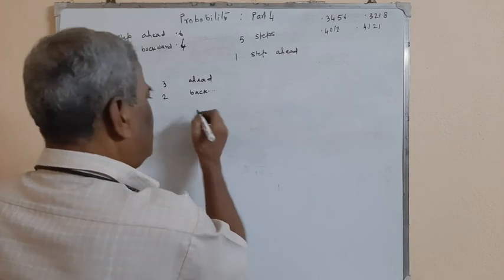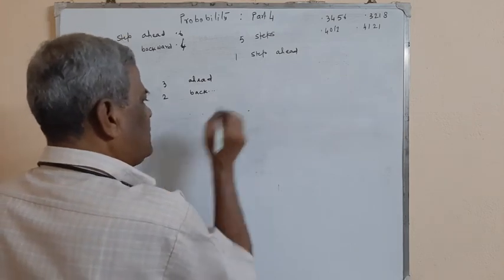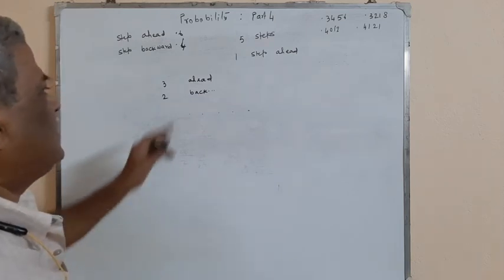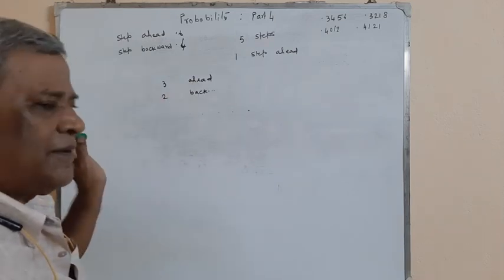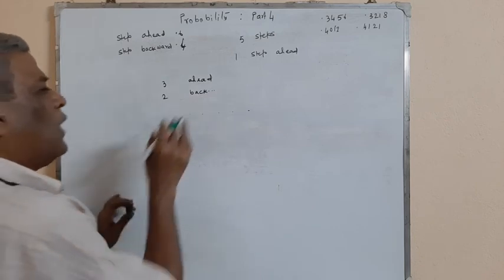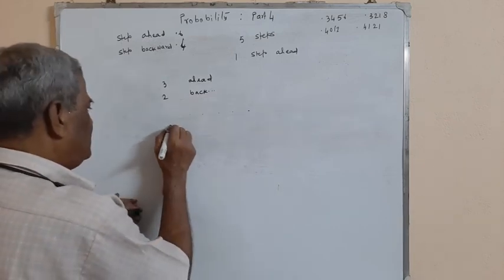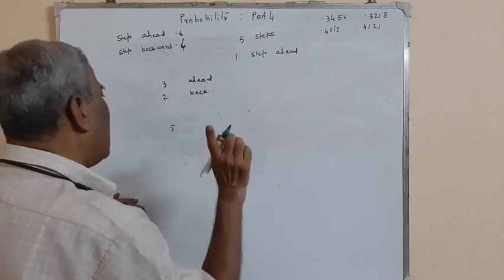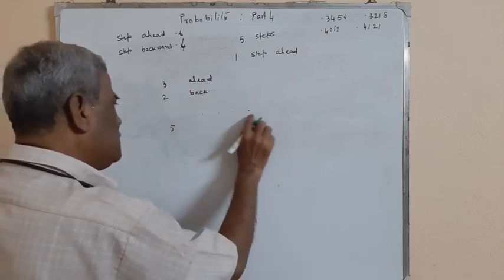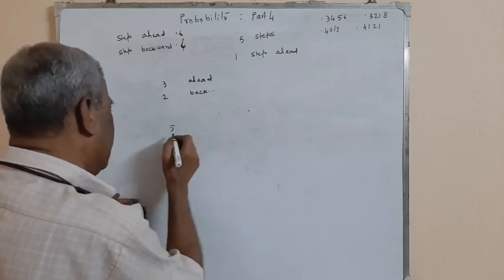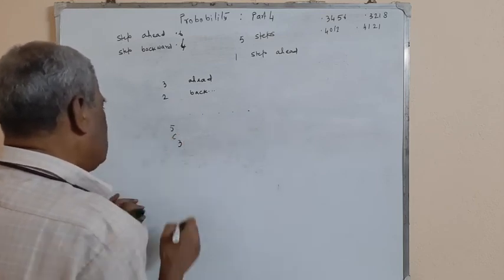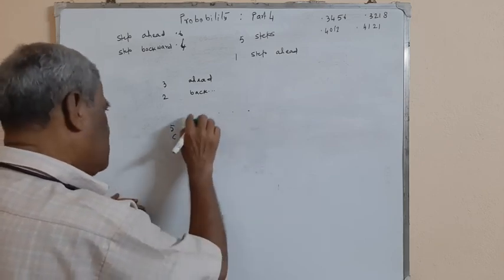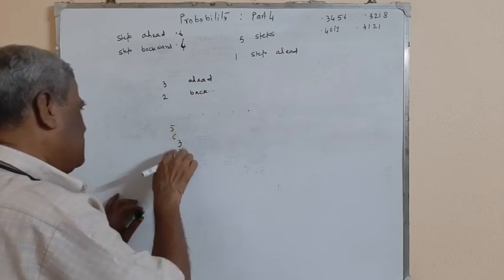So suppose these are 5 steps. Of them, he has taken 3 ahead and 2 backward. Out of these 5, he has taken 3 ahead, which ones I don't know, so 5C3. This way we can choose 3 steps from 5, 5C3.